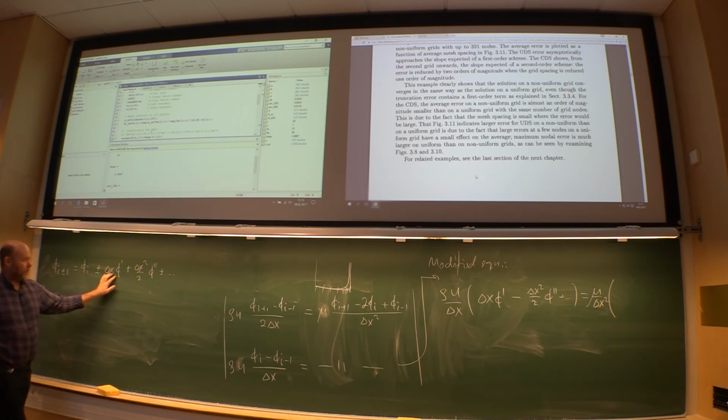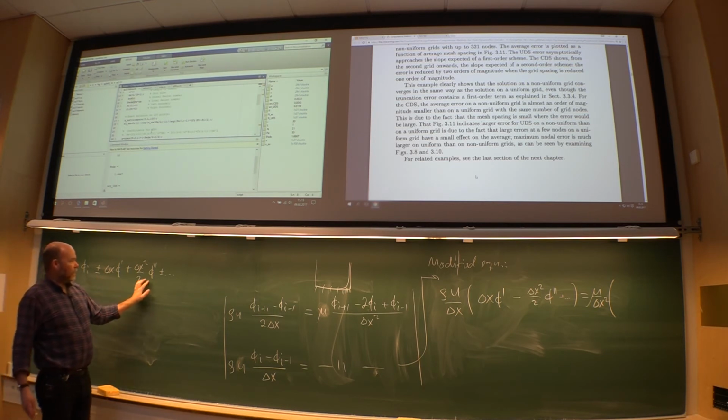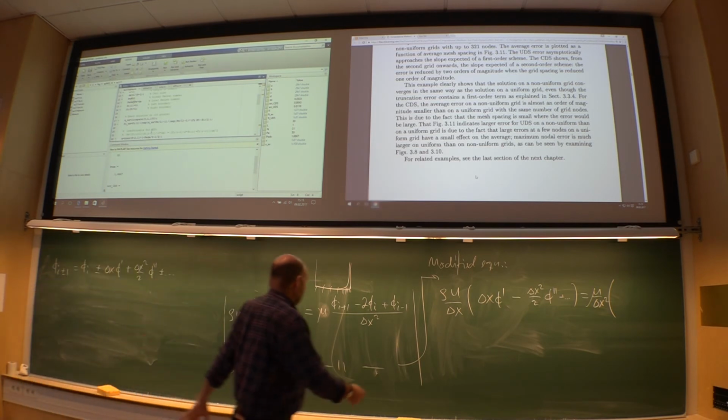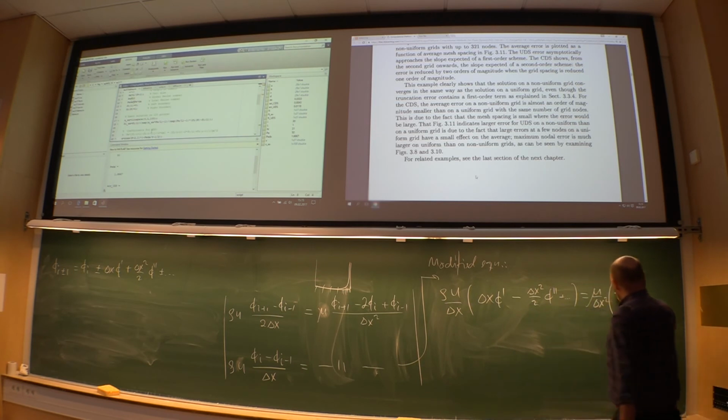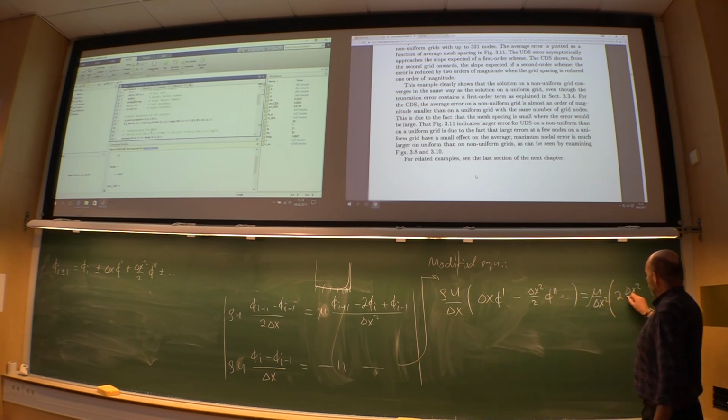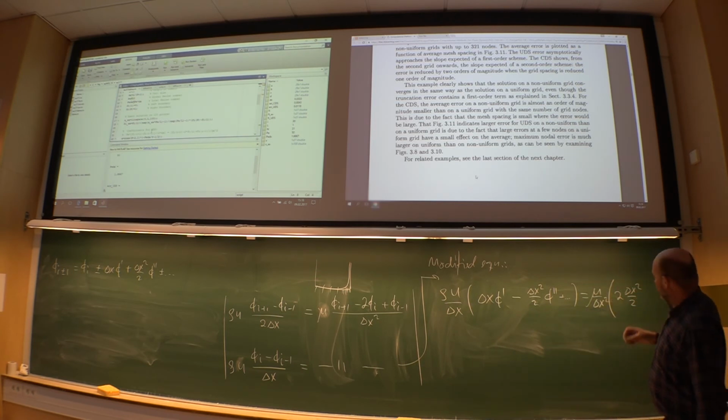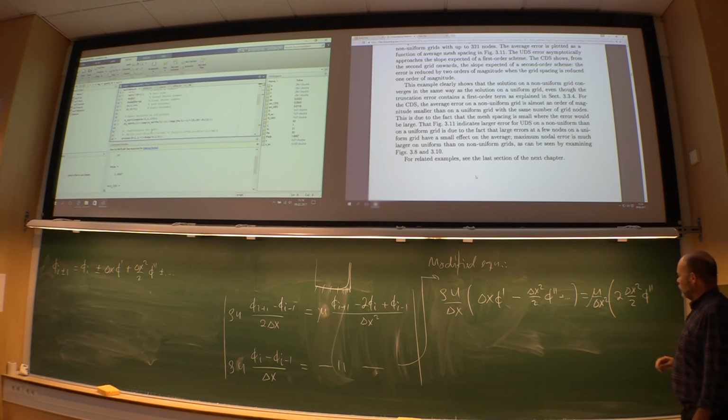Then we have the sum of these two guys. They will cancel each other out. One is positive, the other is negative. This one, he will survive. And I will have him twice. So I will have 2 times delta x square half of phi double derivative.